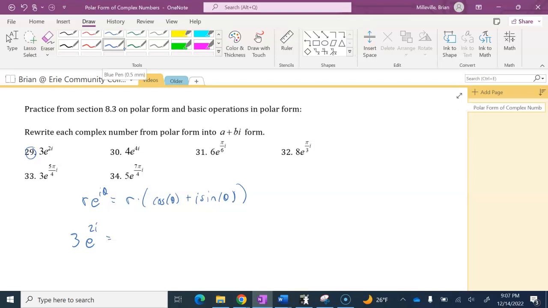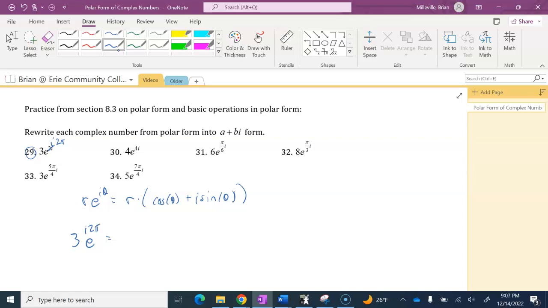I think that this is likely a typo, so let's assume the exponent isn't just 2i. Let's write that as i times 2 pi, just for the purposes of this example. So our angle theta in this case is 2 pi.